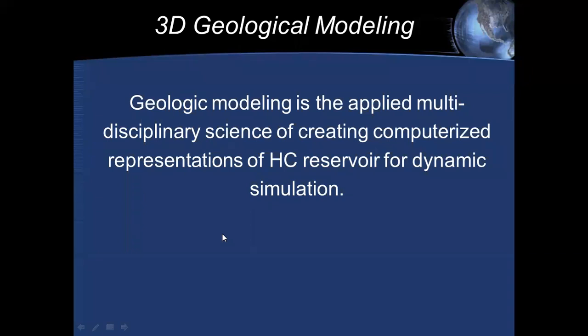So what we are doing in geological modeling is creating a computerized representation of the real hydrocarbon reservoir inside the computer, with the dimensions, XYZ coordinates, all over the reservoir, not part of it.